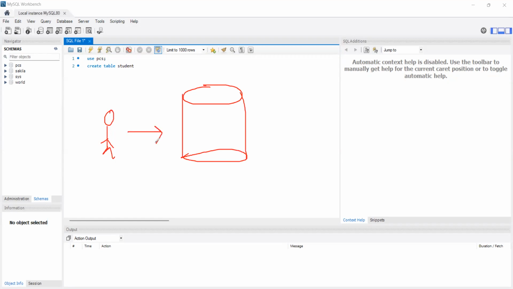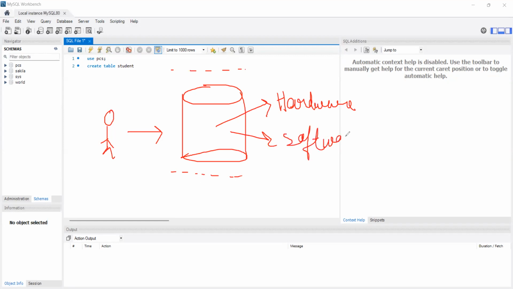When the user inputs data, these things are your desktop hardware, with some components already installed, some software, and this is the user.